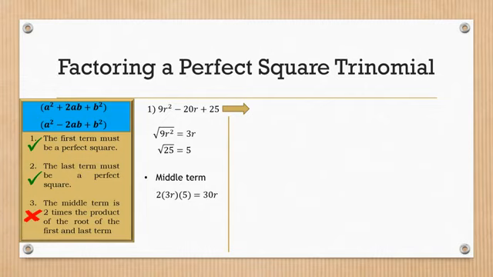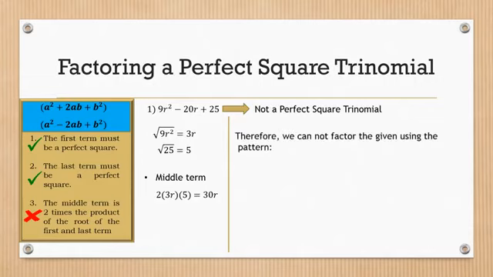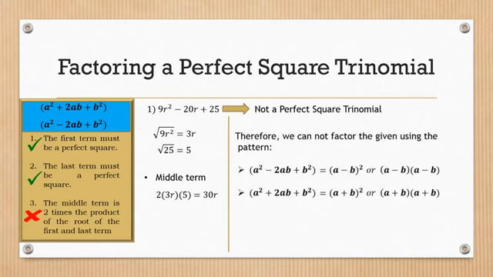You have to check first if the middle term fits our definition in pattern number 3. Therefore, this is not a perfect square trinomial, so we cannot factor the given using the patterns a squared minus 2ab plus b squared or a squared plus 2ab plus b squared. Though it can be factored in another way, we cannot factor it using this pattern. That is how simple it is.